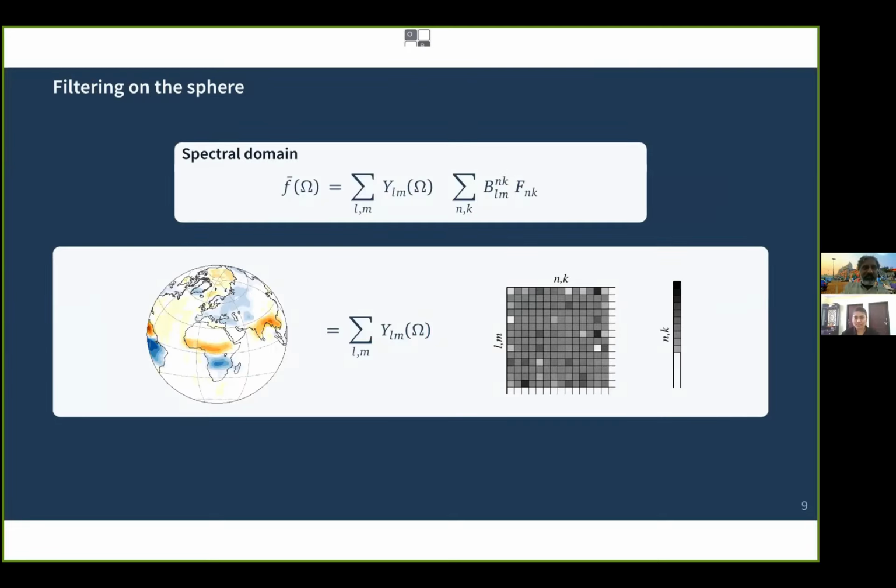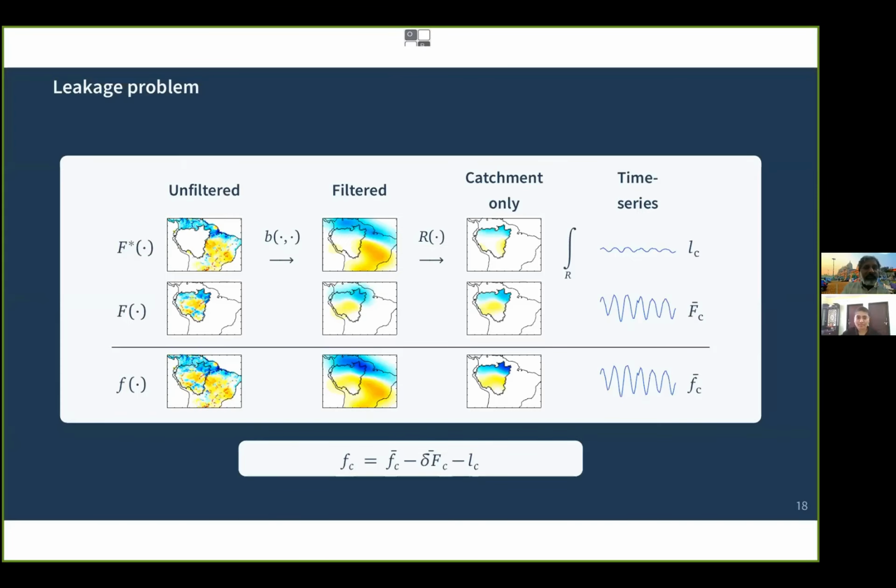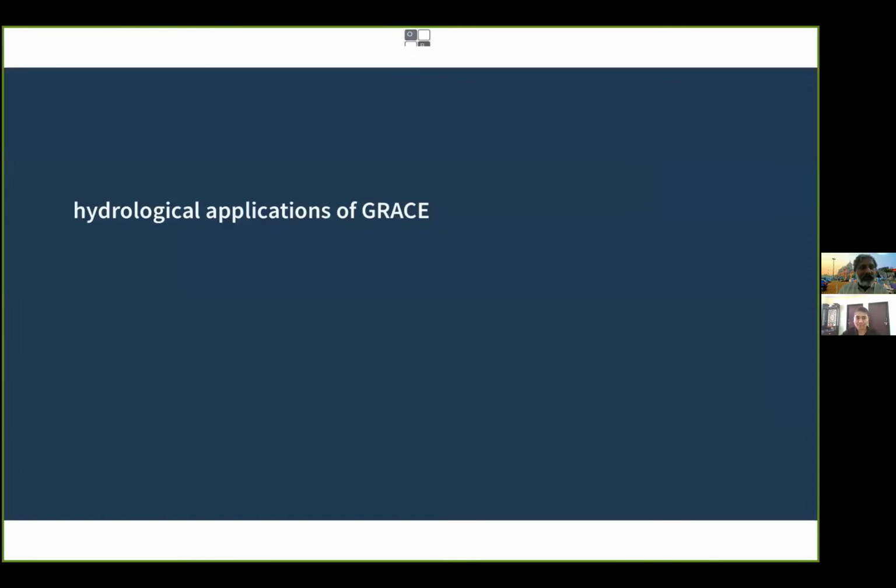Then my further expertise lies in signal processing. How do we process signals that emanate out of a sphere? I've done some research on these things, for example, how to do filtering and what filtering does to data on a sphere.